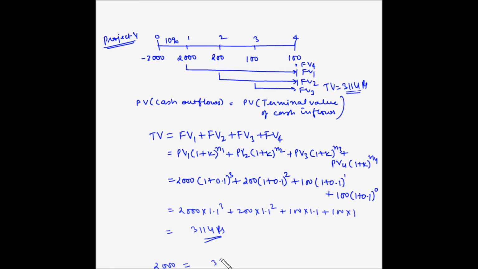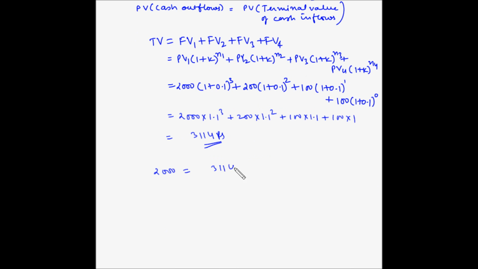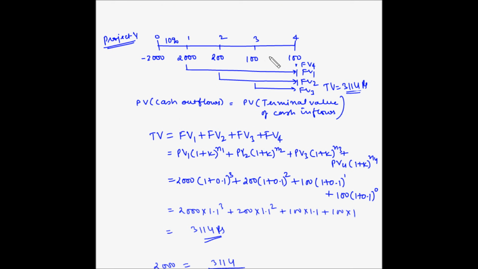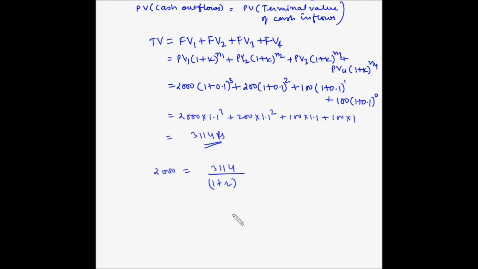So 3114 divided by 1 plus R, that is the modified internal rate of return, to the power 4. Or 1 plus R to the power 4 is equal to 3114 divided by 2000.